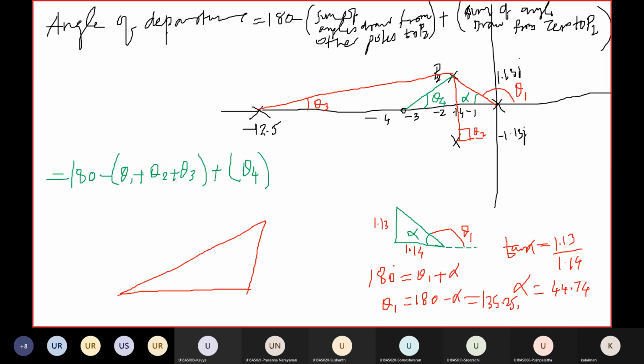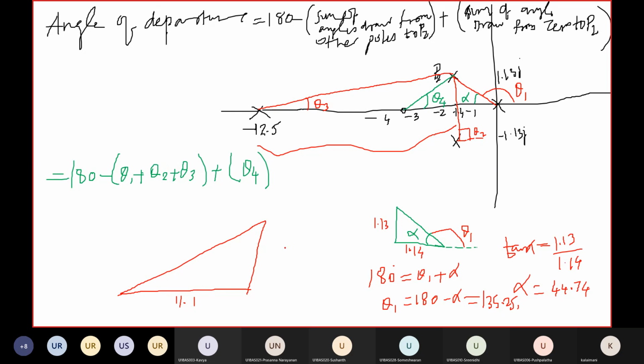Then up to this distance is 1.4. So 12.5 minus 1.4, I get 11.1.